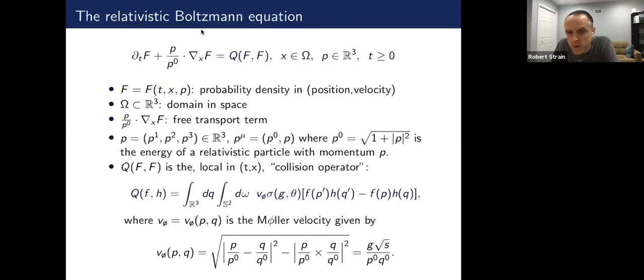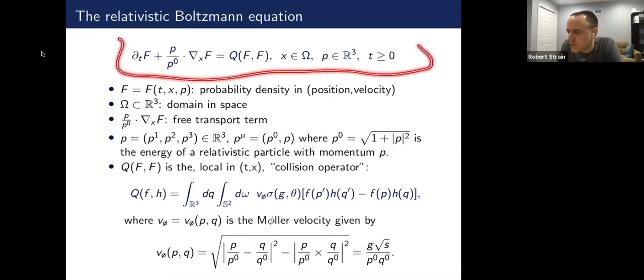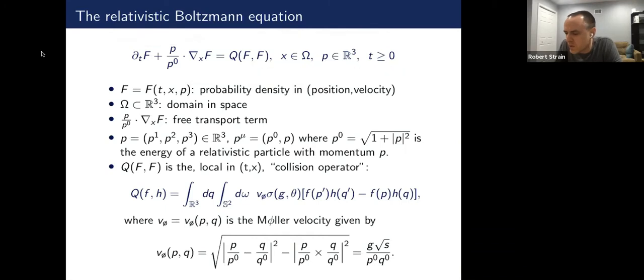So what I'm talking about is the relativistic Boltzmann equation from kinetic theory, a model of gas dynamics. Here is the partial differential equation. F is the unknown function, a probability density in position and momentum, where X is position, P is momentum, and T is time.